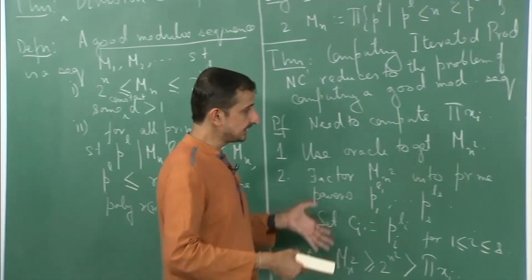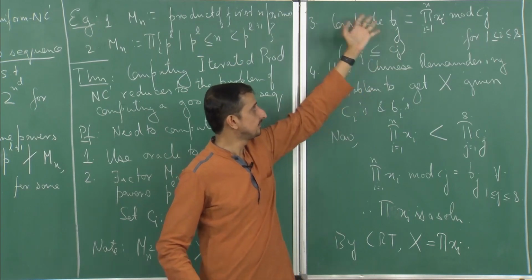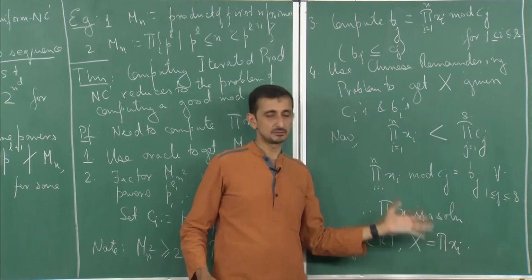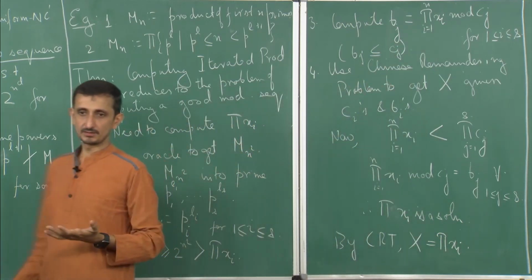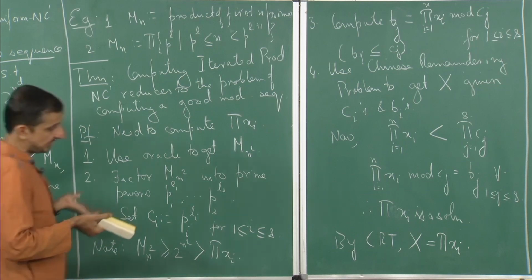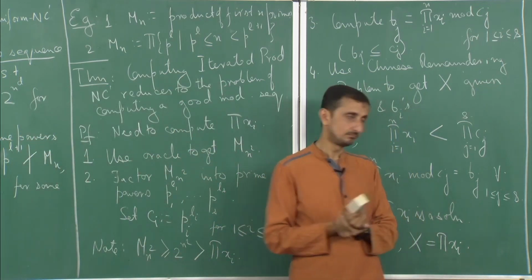And the third thing is the way I design my Bj's. The way I design my Bj's, it becomes exactly equal to what I want finally. I define my Bj's to be the product modulo Cj's, so the only solution that this input will have is x equal to the product of xi.